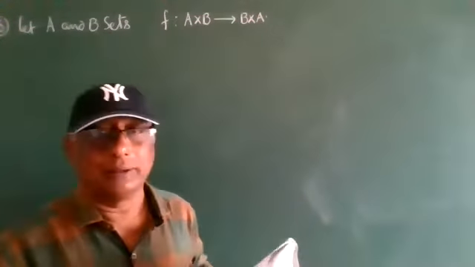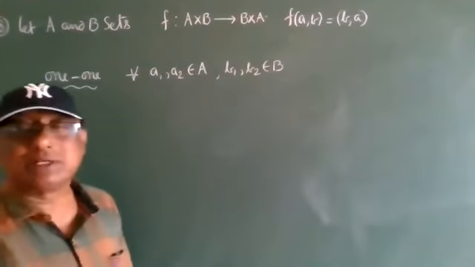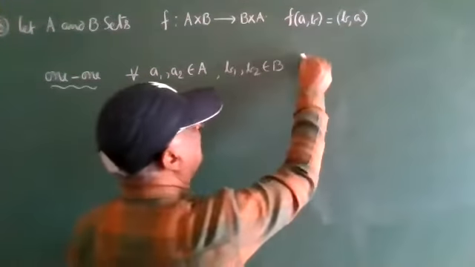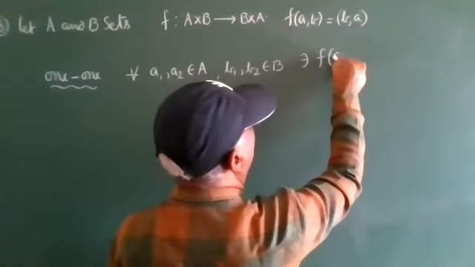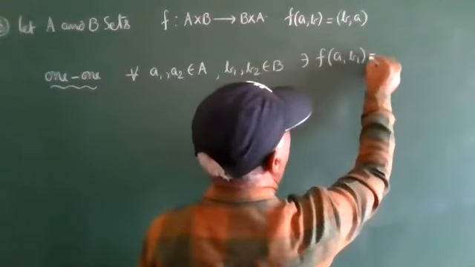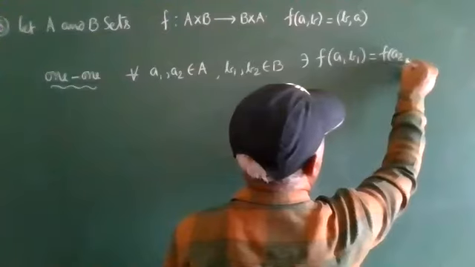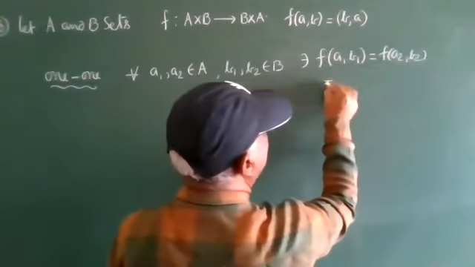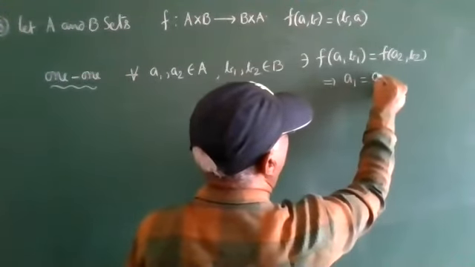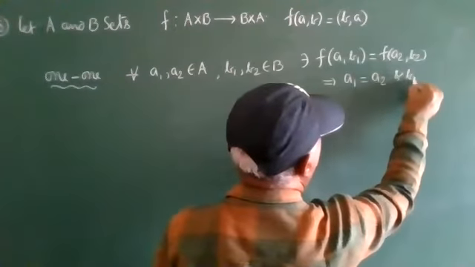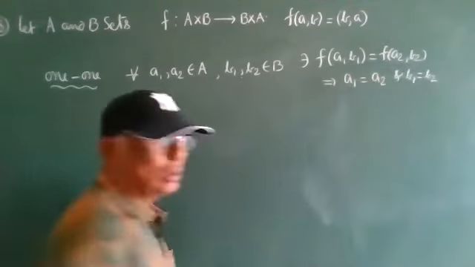I will write the basic definition, and we can work it out. One-one function: for all a1, a2 belonging to set A and b1, b2 belonging to set B, where the first elements are in the A set and the second elements are in the B set, such that F of (a1, b1) is equal to F of (a2, b2), that implies a1 is equal to a2 and b1 is equal to b2. We have to show that.